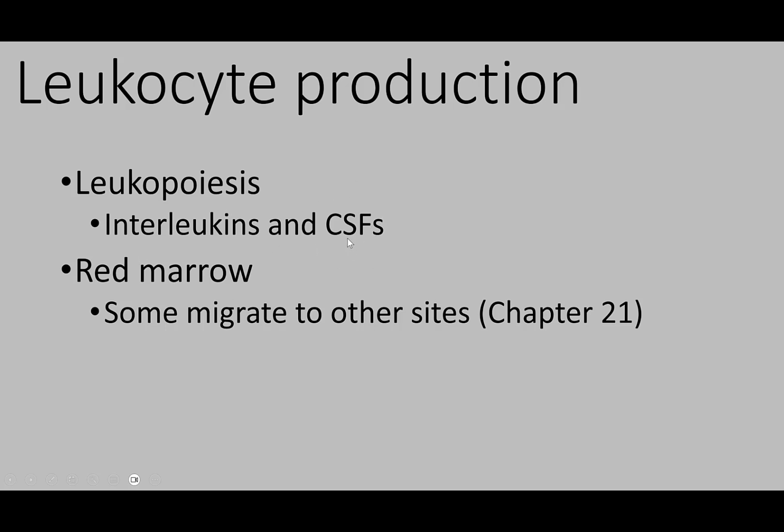So interleukins and colony stimulating factors. We also talked about something called thymosin back at the end of the endocrine system. Thymosin doesn't really stimulate leukopoiesis, but it stimulates development of certain types of white blood cells.